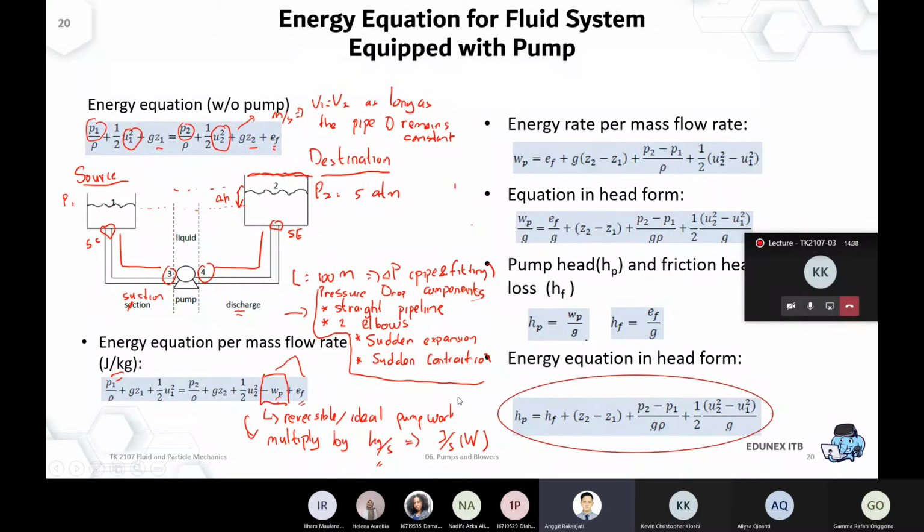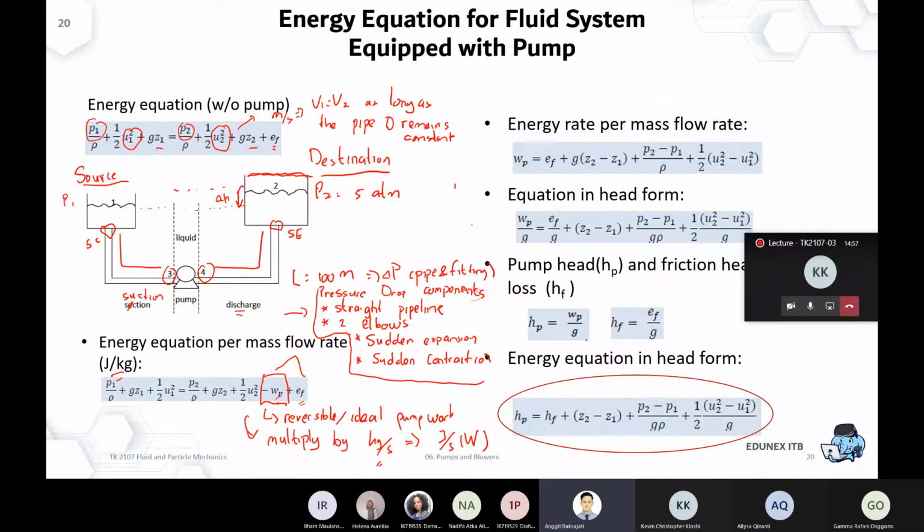Please be aware of this unit conversion, because it's very common for a pump to be expressed in watt. It's not very common to be expressed in joule per kilogram, but you can play around with that statement just by looking at the unit conversion. Okay.